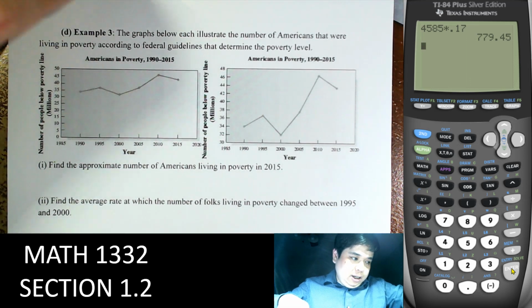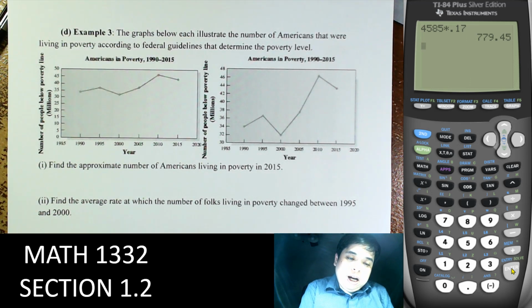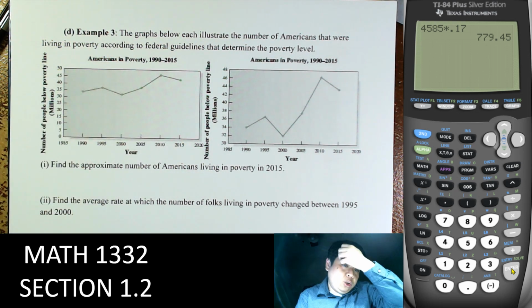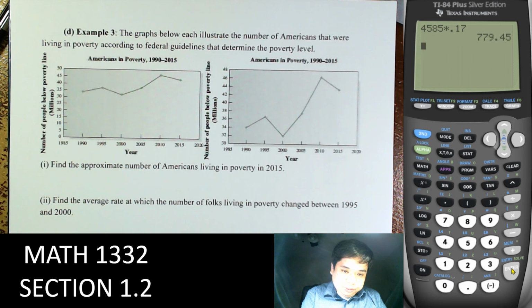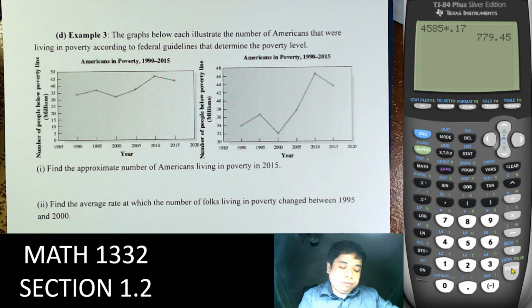Next, the graph below illustrates the number of Americans that were living in poverty from 1990 to 2015. Now, there are two graphs giving you the same data.